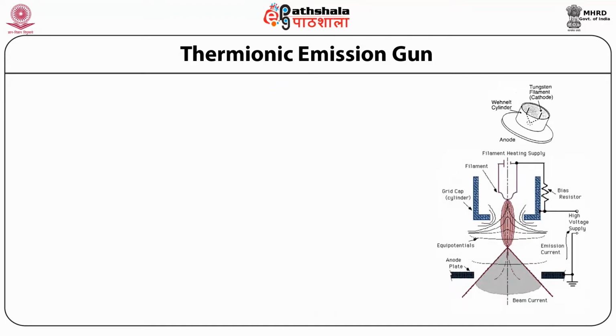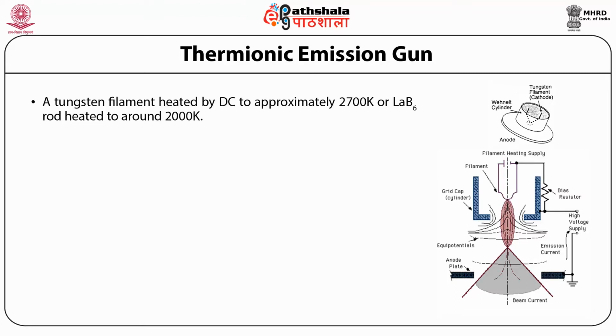So let us now first discuss the thermionic emission gun. This figure shows the schematic of a thermionic emission gun, where it uses a tungsten filament which is heated by DC to approximately 2700 Kelvin, or a LaB6 rod heated to around 2000 Kelvin.